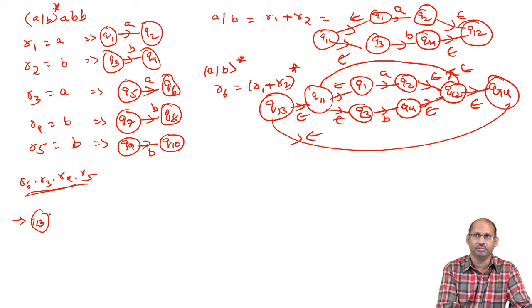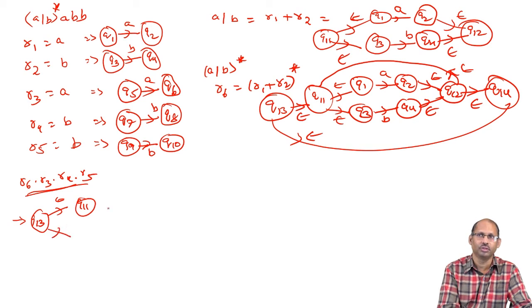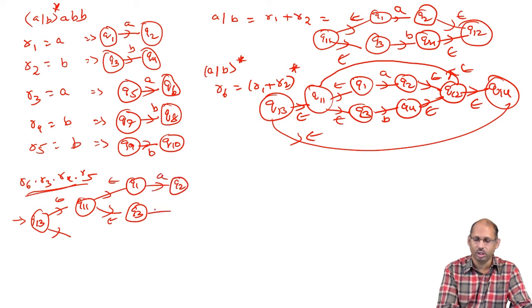Q13, then Q11, Q1, Q3, on A going to Q2, on B going to Q4, on epsilon it will reach Q12.